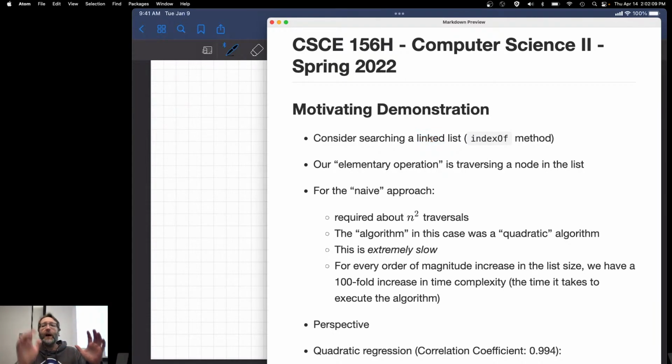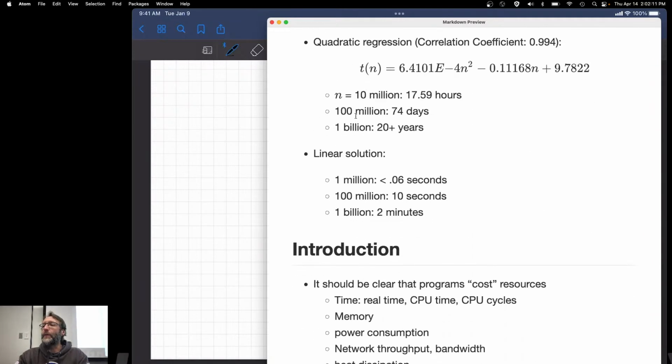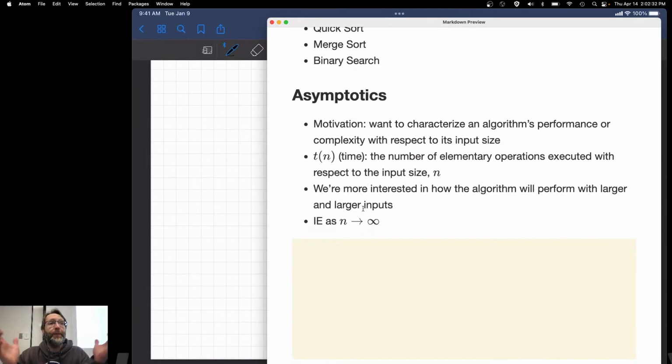It's only as we got up to, say, millions of elements or billions of elements that the contrast becomes absolutely clear, right? 18 hours for 10 million versus less than 1 second. 100 million, 10 seconds versus 74 days. 1 billion, 20 years versus 2 minutes. It's only as the input sizes get really big that the difference starts to matter. So we only want to know how it performs as n tends towards infinity, right?